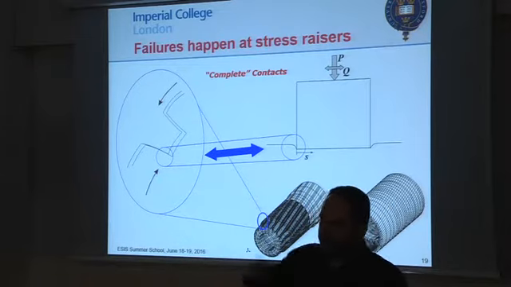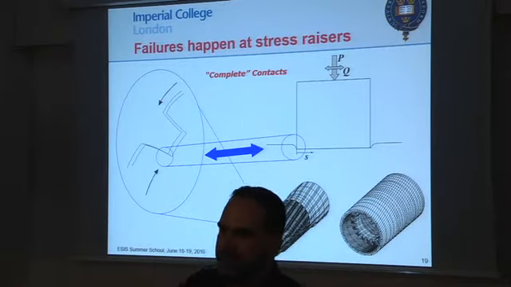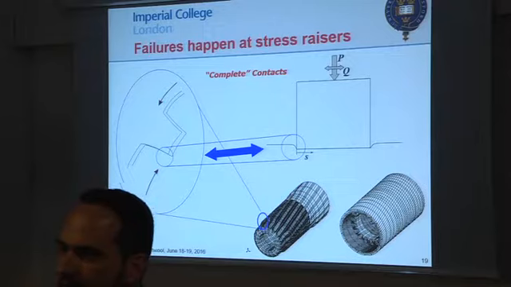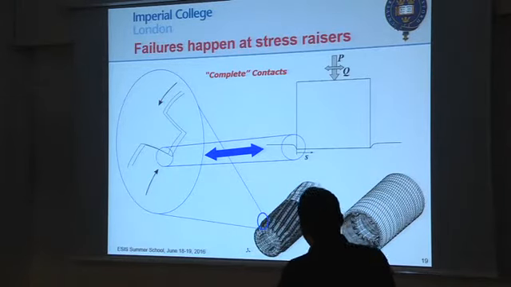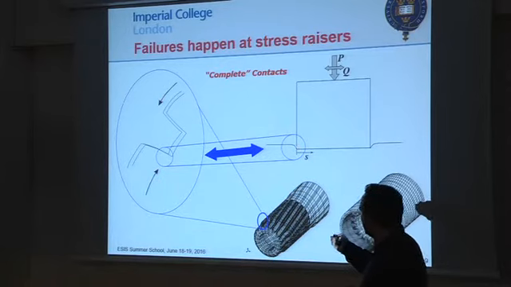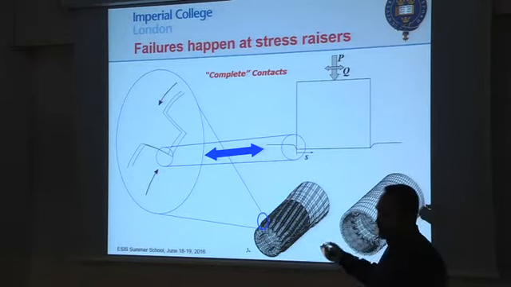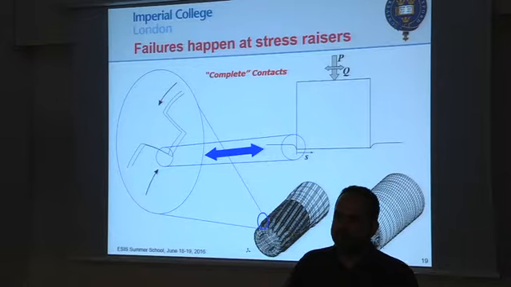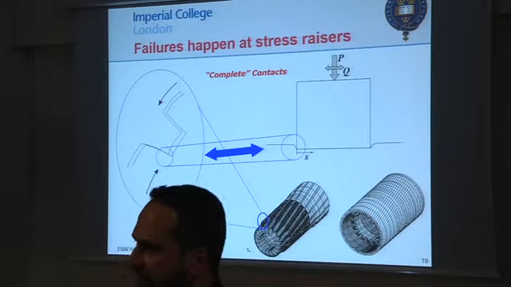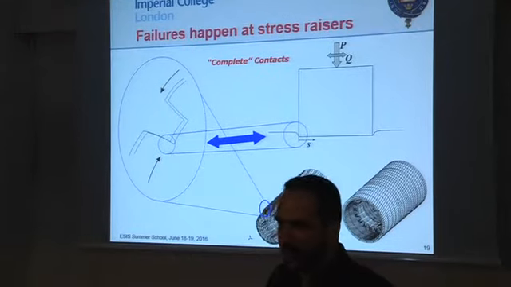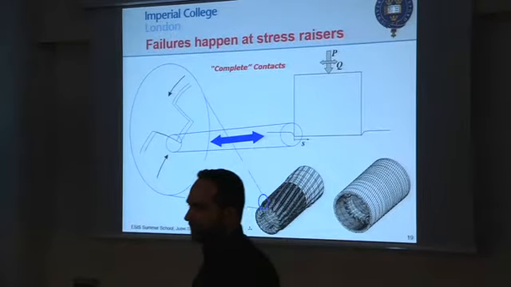It looks like a flat punch, sharp, indenting a surface. Those contacts do not have zero pressure in the corner. Because you've got a very sharp feature here, you end up having very high pressures there. You've got singular pressures there. And that's why there is an intrinsic difference between the two sets of contact properties.